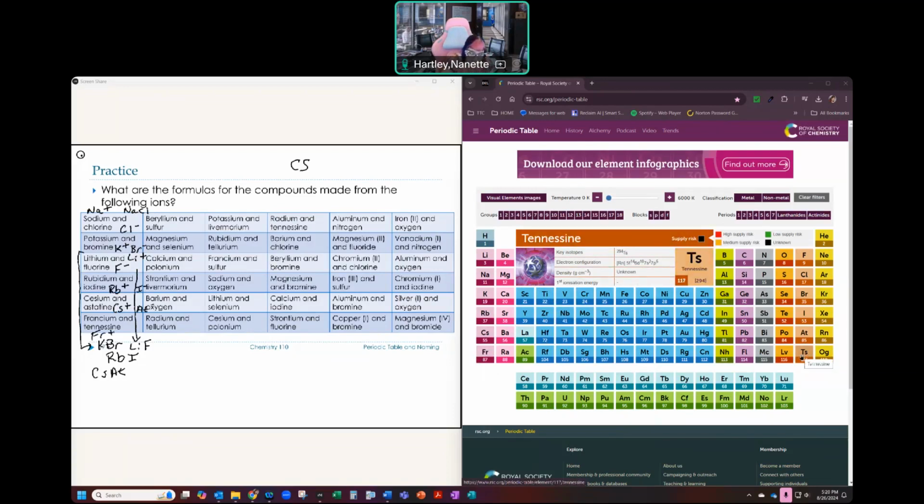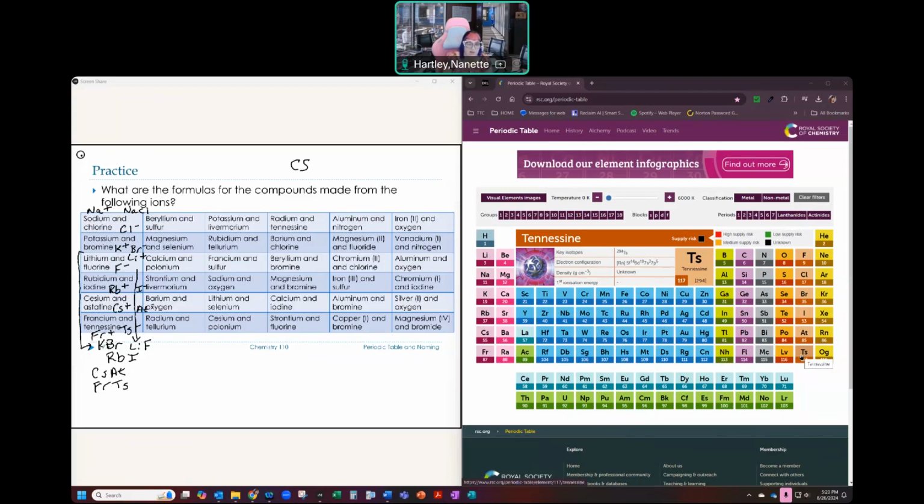Okay. And if I put those two together, that's FrTs. Okay, so all I'm doing is looking to see where is this thing on the periodic table. Based on where it is, what is the charge? And then how do I put those two things together to make sure that that's neutral?